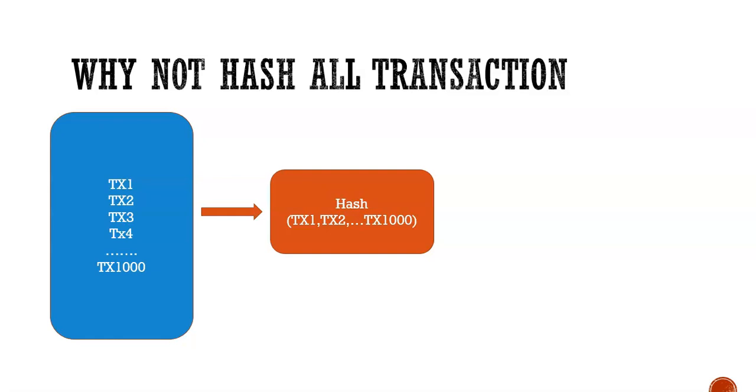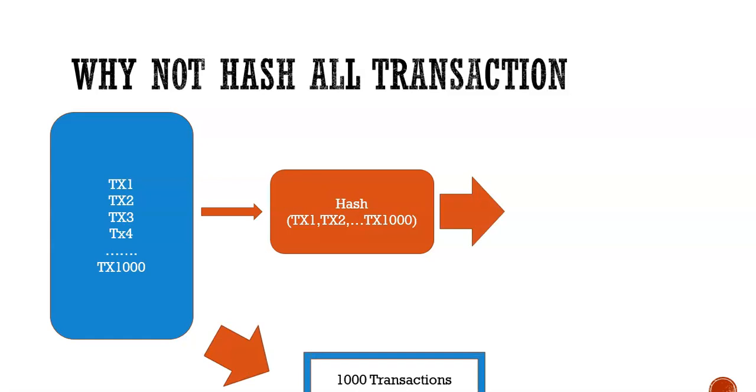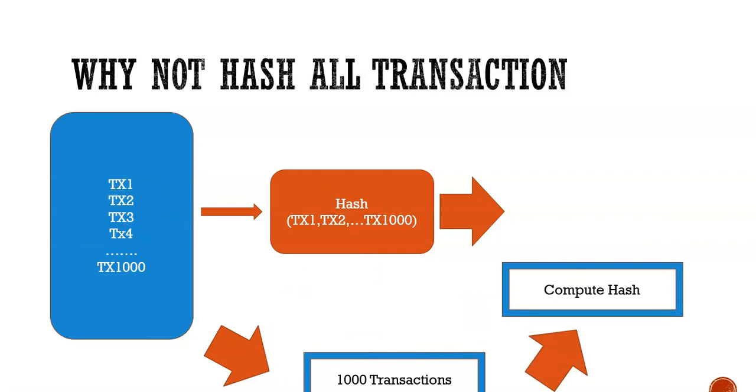When we get a final single hash of all transactions, we still have the hash value. Now, if I want to prove that a particular transaction is part of this, then what we need is all these 1000 transactions. So all 1000 transactions should be taken into account and the hash value computed, and this hash value should be checked with the existing hash value.